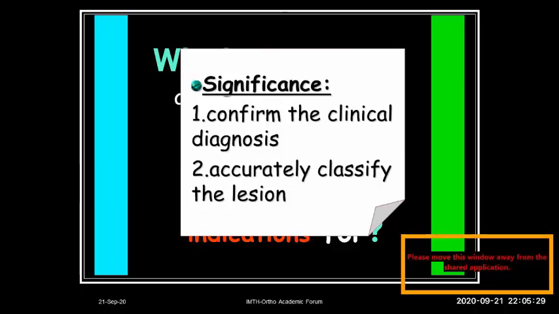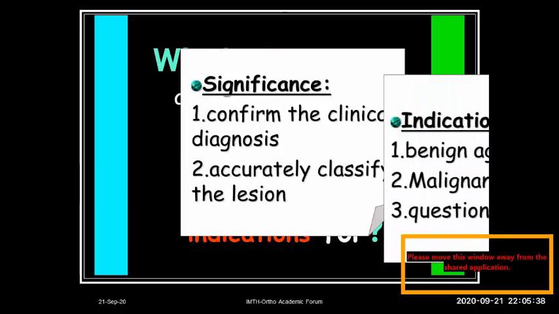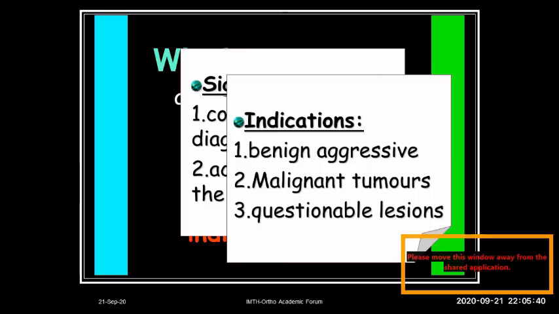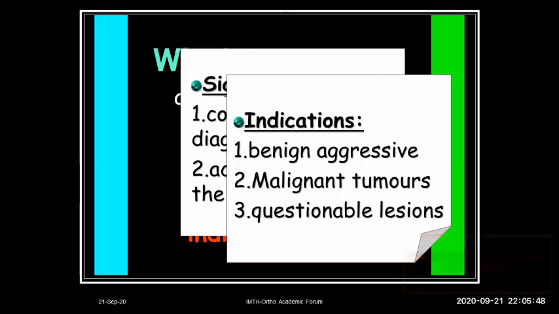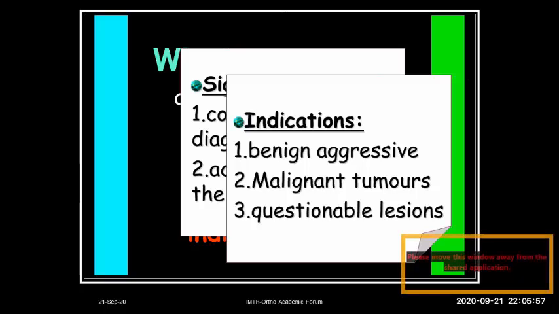The significance is to confirm the clinical diagnosis and accurately classify the lesion, because we will have histological grades for that tumor, so we can diagnose and classify. Any classification has two pillars: the anatomical extension and the grading, which we get from biopsy.